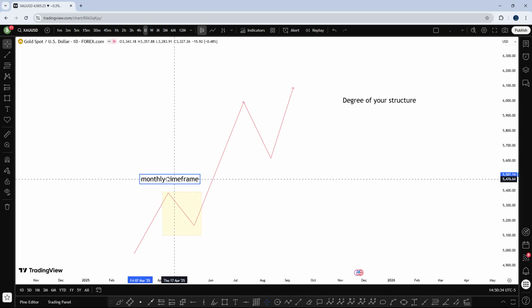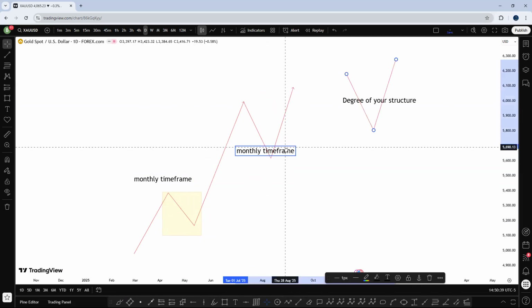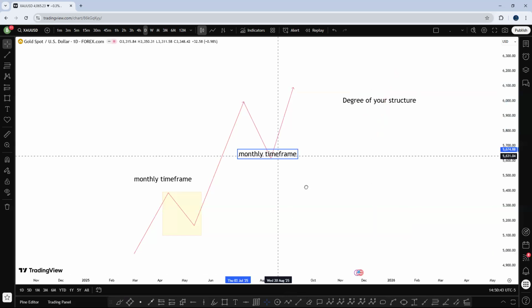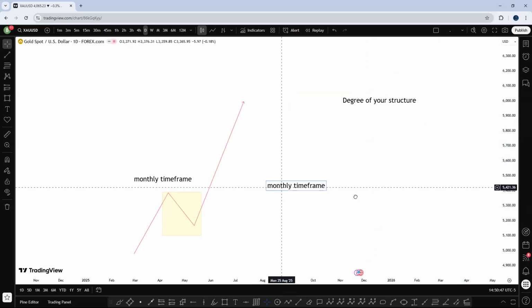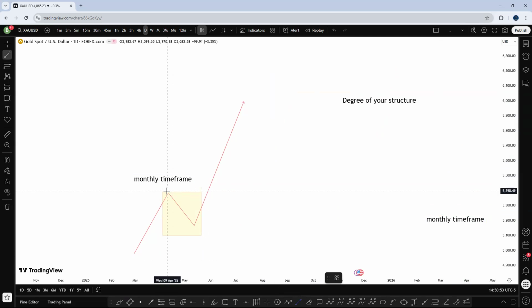Now, of course, this will be another monthly pullback. So from that pullback, you see, for example, you are seeing this only. Say on gold, you are seeing this on your monthly time frame.